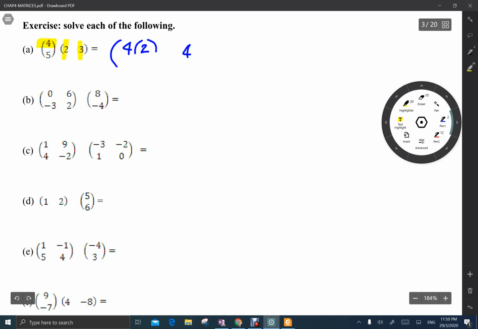So 4 times 3. Okay, now ambil pula the second row. 5 times 2 and then 5 times dengan 3.